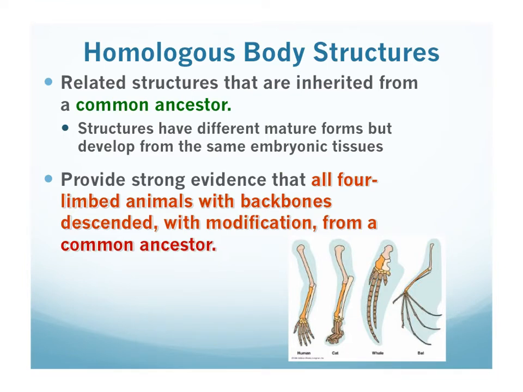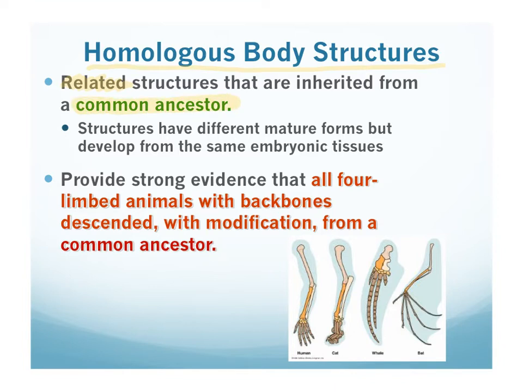So another piece of evidence that proves evolution is occurring in organisms is this concept of homologous body structures. Homologous body structures are related structures, okay, that are basically inherited from a common ancestor.